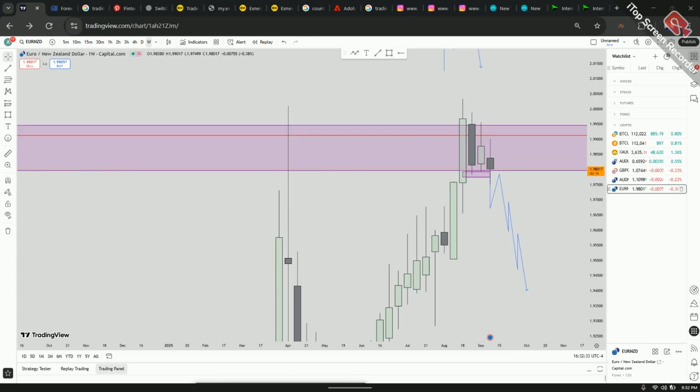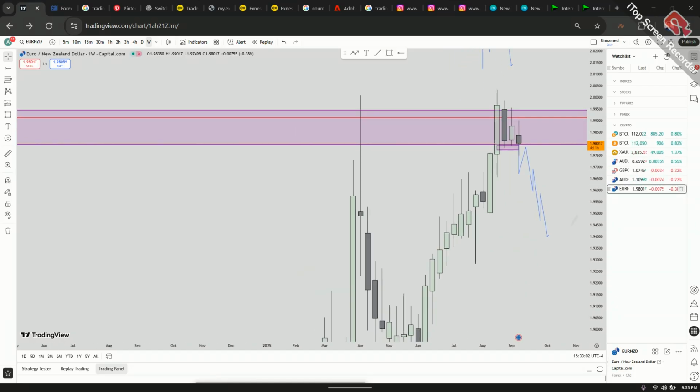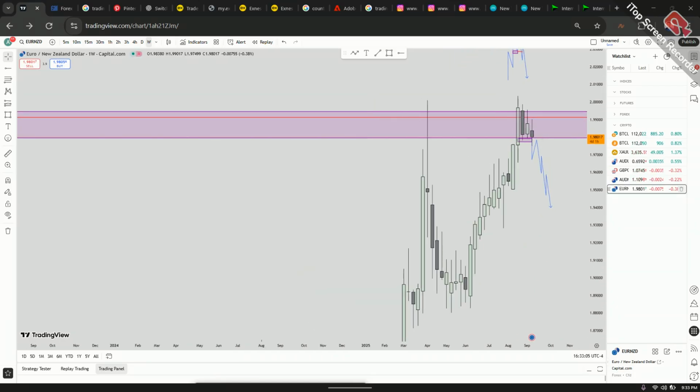If this trend was still bullish, this weekly candlestick would have been bullish and it would start going up and take this market up. But from the look of things, the candle is giving us weakness, some rejection, signs that it is going to go down. So for now, we are expecting sell. That's just it.